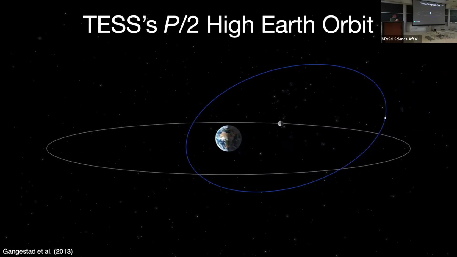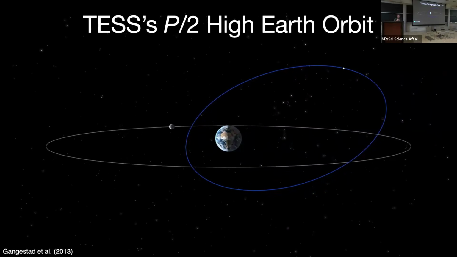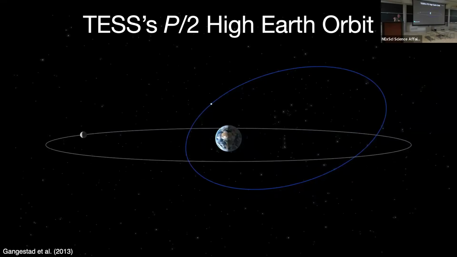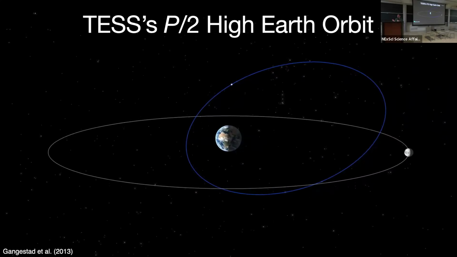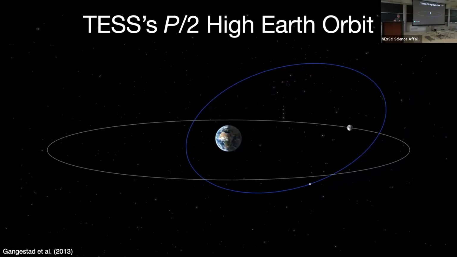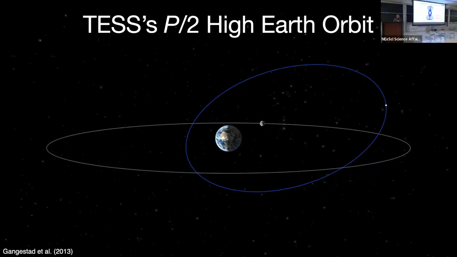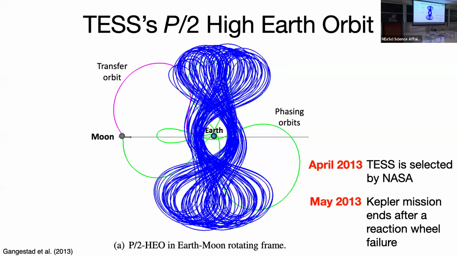Now, the usual nuisance of an orbit like this, the reason why it's usually ruled out, is because gravitational perturbations from the moon tend to destabilize such orbits. So the TESS orbit had to be very carefully designed. It is in a 2-to-1 mean motion resonance with the moon.